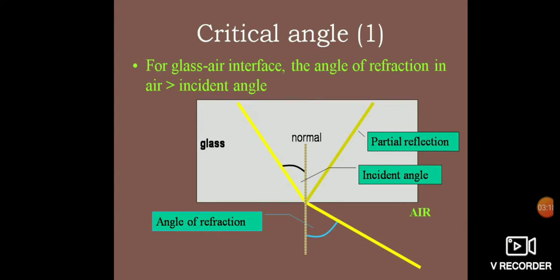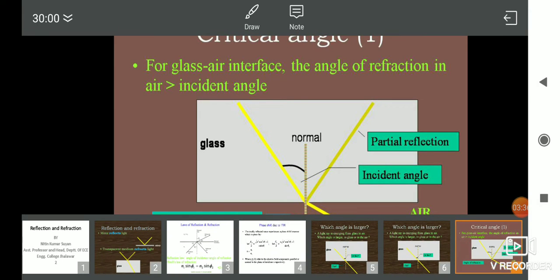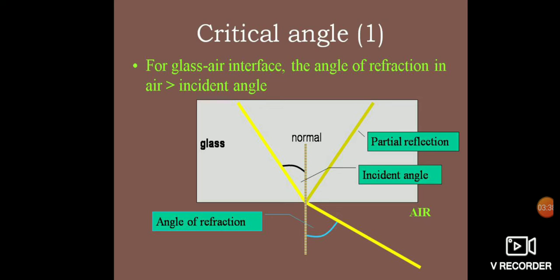We first find out the critical angle for a glass-air interface. The angle of refraction in air is greater than the incidence angle. So this is the incidence angle, this is the partial reflection, and the blue line shows the angle of reflection.